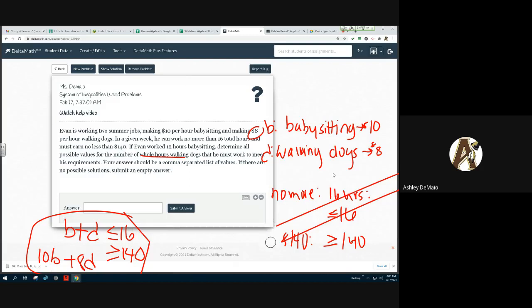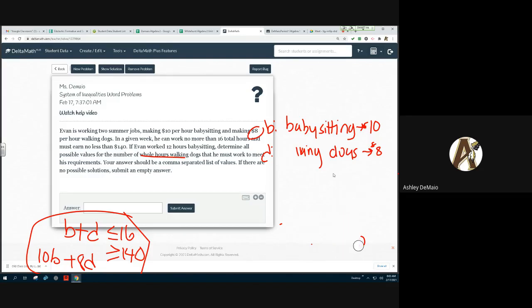And I'm going to erase this information because we're going to need to stop it. In the problem, we were given that he is going to babysit for 12 hours. And with that said, he wants to know how much he has to walk dogs in full hours, remember?